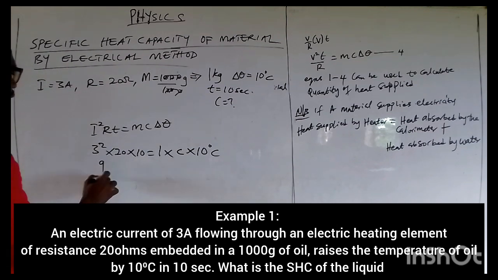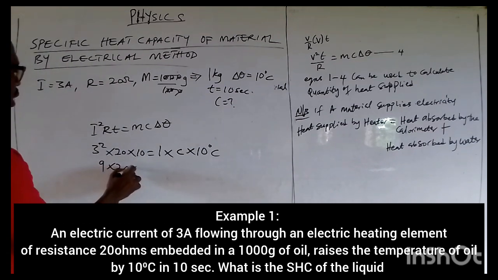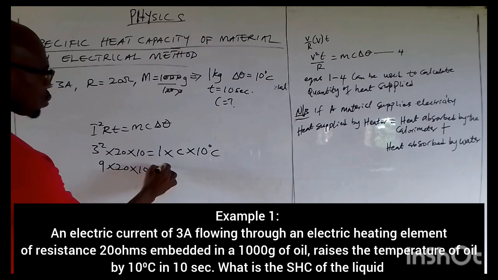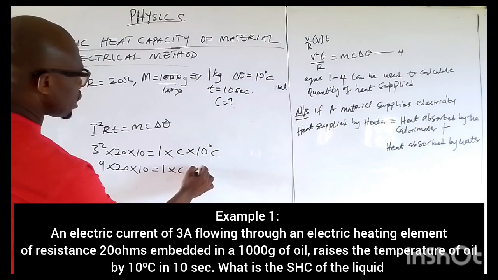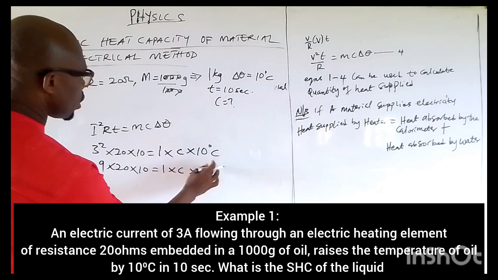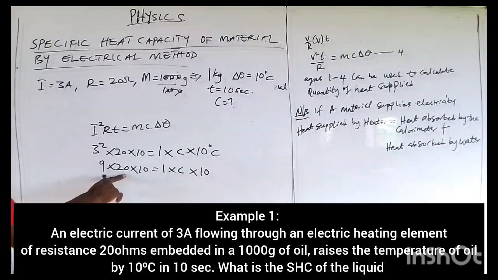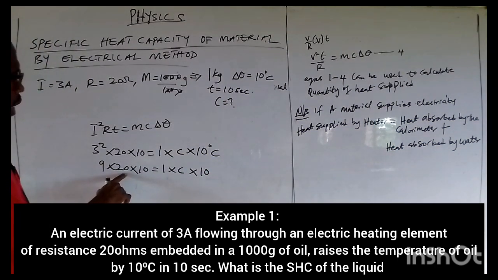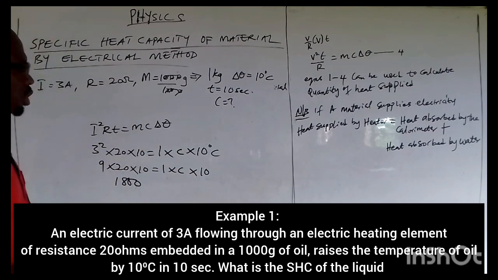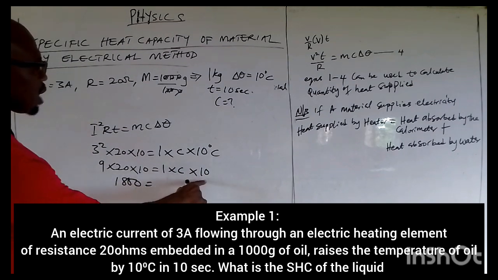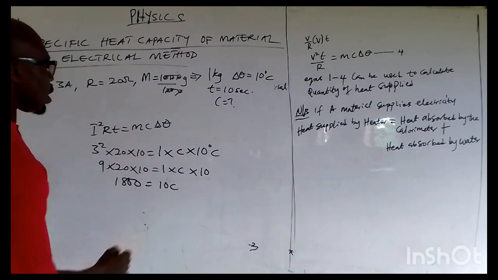3 squared is 9. 9 times 20 times 10 is equal to 1 times C times 10 degrees. 9 times 2 is 18, which is 180. 180 times 10 will give us 1,800, equal to 1 times C times 10, 10C.